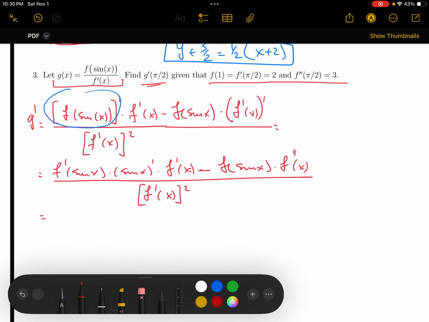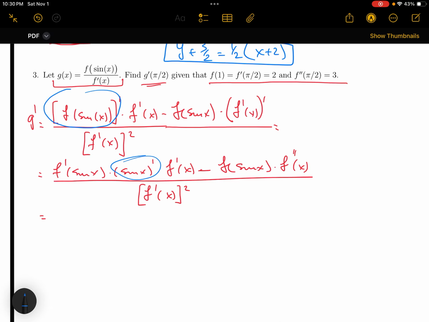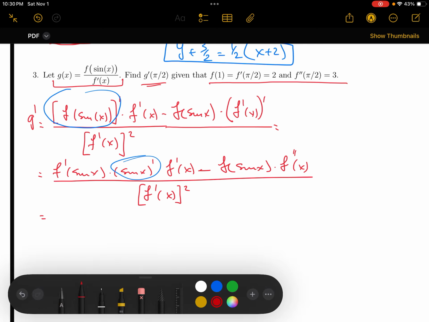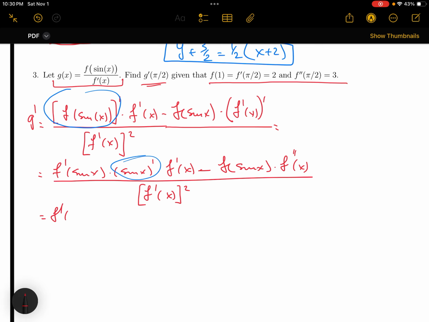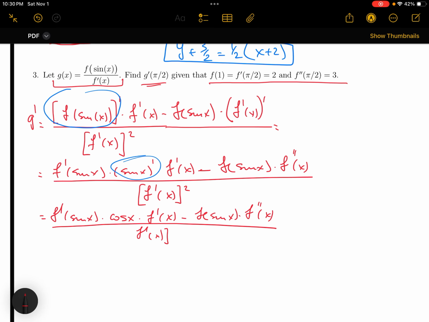And now let's just find this derivative and finish with this problem. So I have f prime of sine of x times cosine of x times f prime of x minus f of sine of x times f double prime of x, over f prime of x, the whole thing squared.